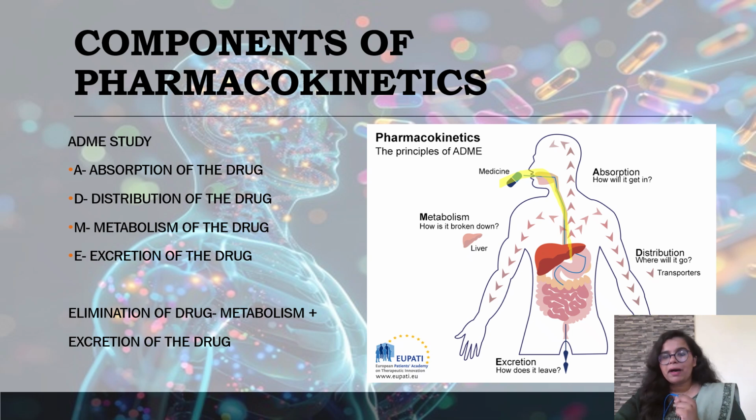That is known as the bioavailability of the drug. So the total amount of the drug that can be absorbed into the blood circulation is known as the bioavailability of the drug.